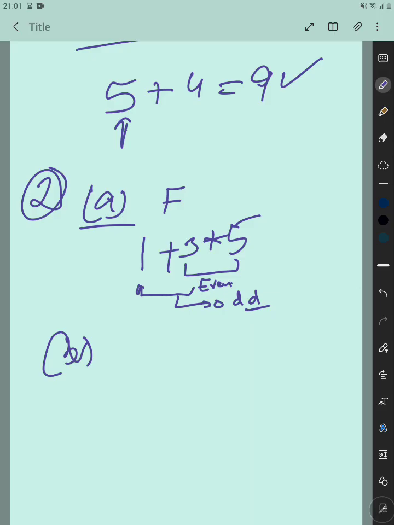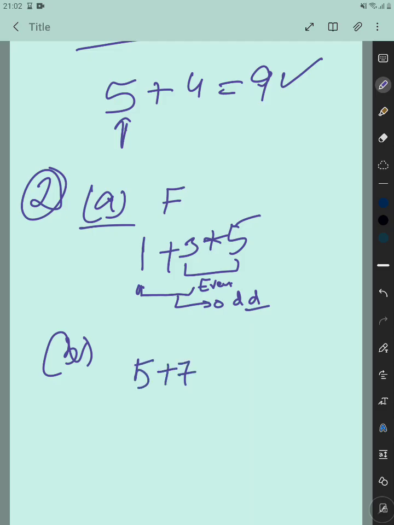The b part is: sum of two odd numbers and one even number is even. We have already seen that the sum of two odd numbers is even, and adding one even number keeps it even. Take 5 and 7 for example.